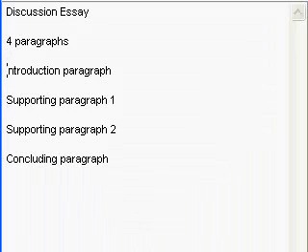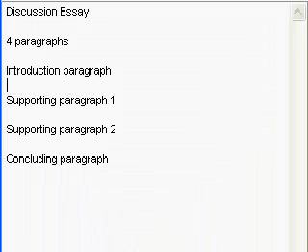You're starting with an introduction paragraph, you're following this with a supporting paragraph, and then following that with another supporting paragraph, and then finishing with a concluding paragraph. Okay, now inside of each of these paragraphs are a number of sentences, and each sentence has its own job to do.